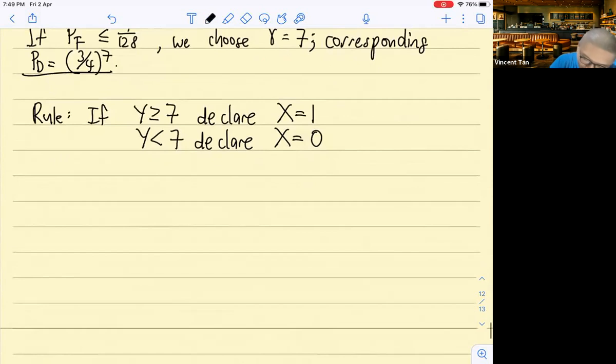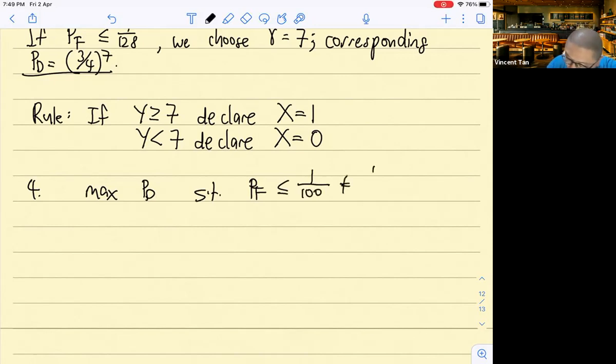Okay, so now for part 4, find the maximum probability of detection subject to probability of false alarm less than or equal to 1/100. Now this is not going to be a dyadic rational, right? It's not 1/2 to the power k for k an integer. So we have to do a little bit more work.